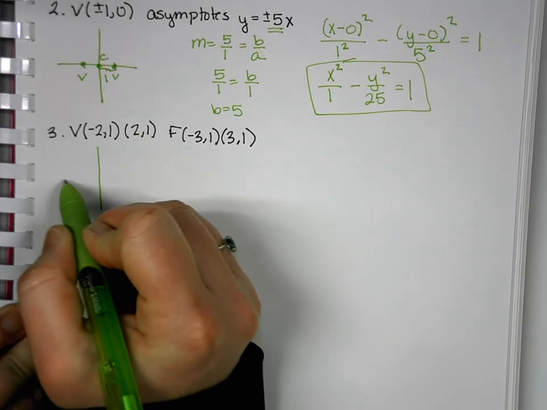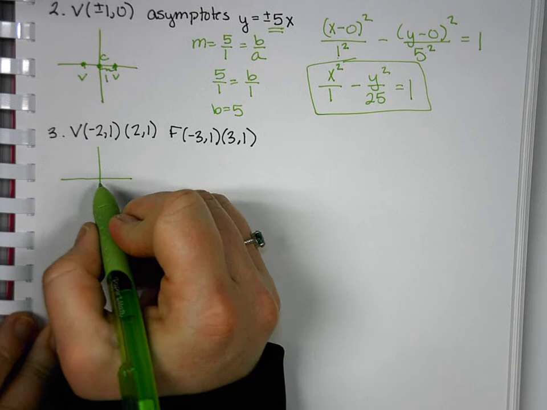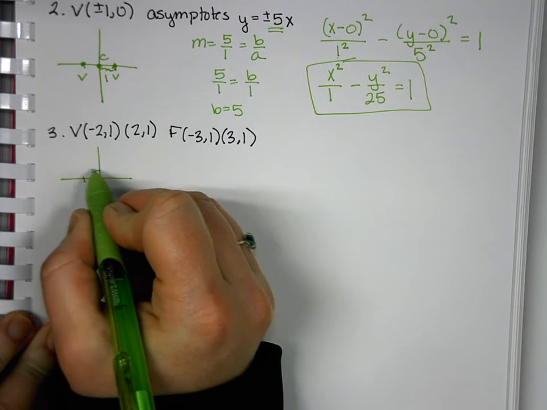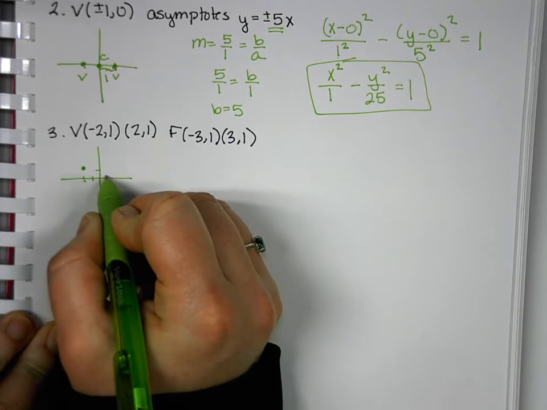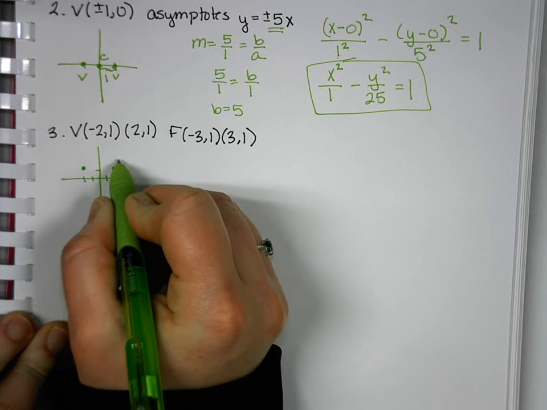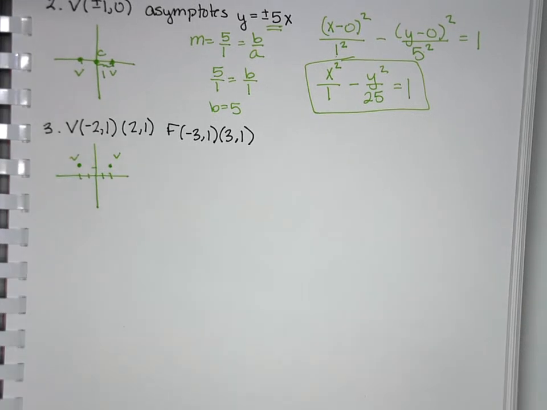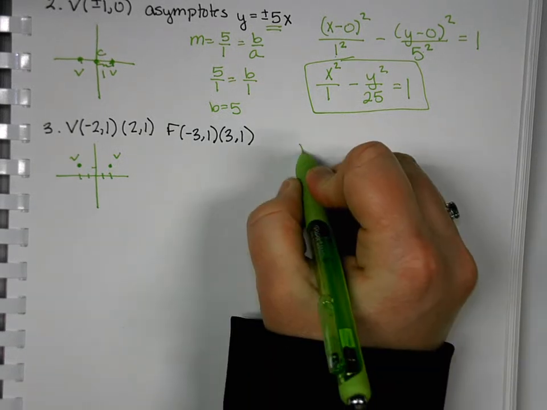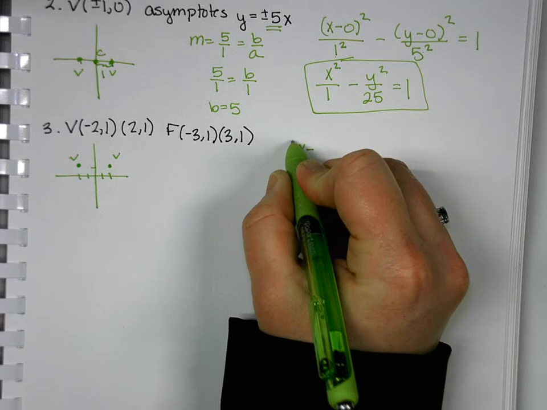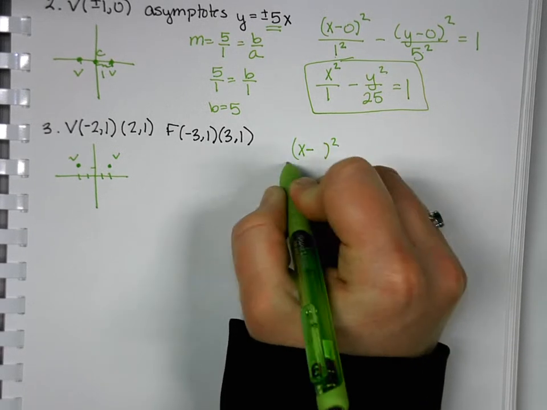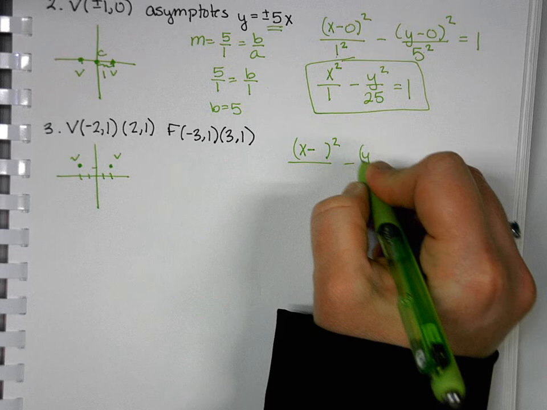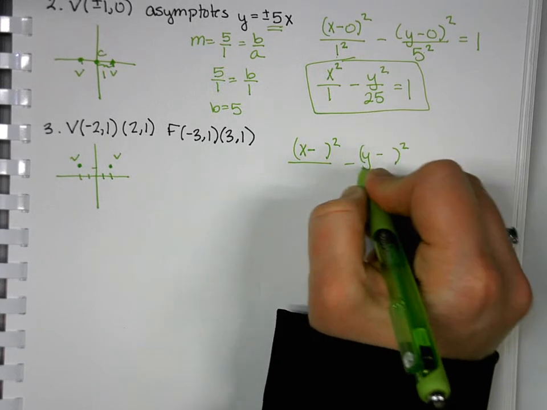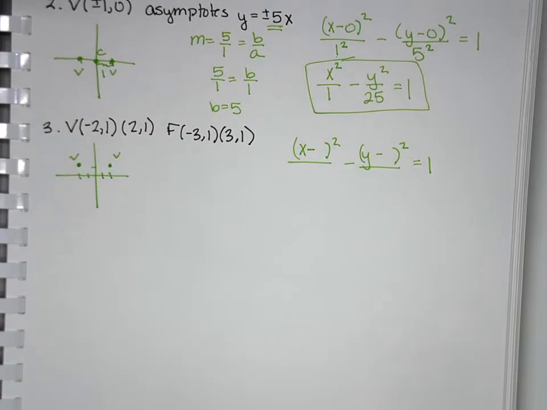So I'm going to sketch what I know. So my vertices, negative 2, 1, and 2, 1. So when I look at the relationship between my vertices, it's a horizontal relationship. So I know that it's going to be x first. So I can write the outline of my equation, and then we'll fill it in as we find our pieces.